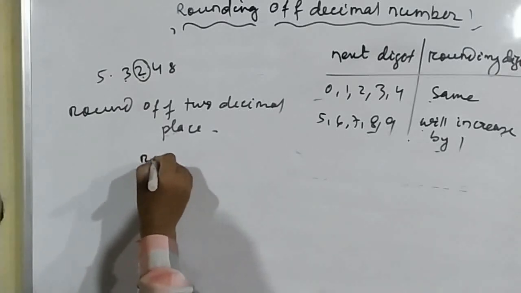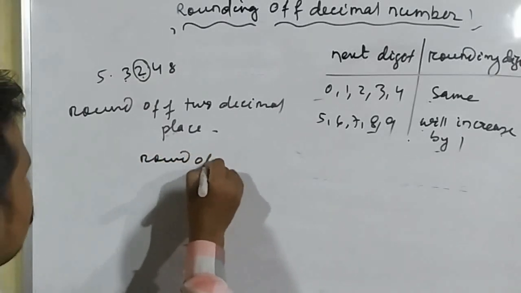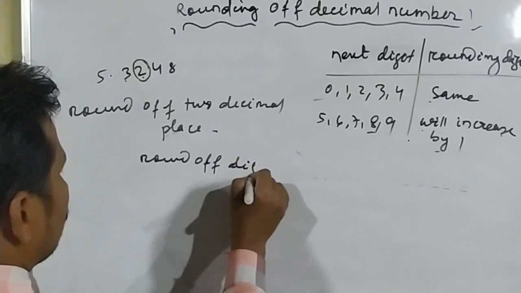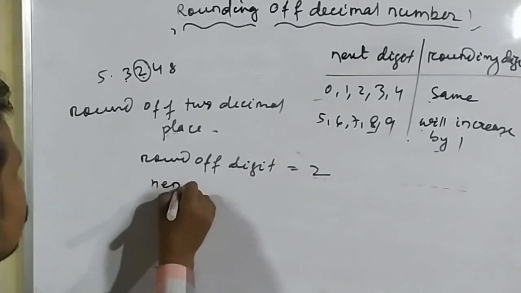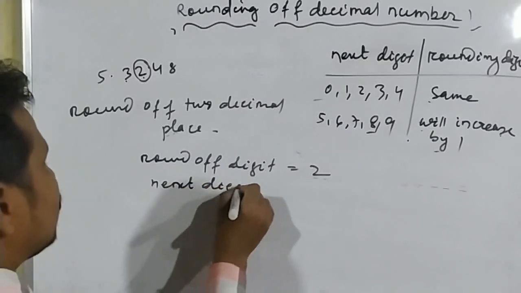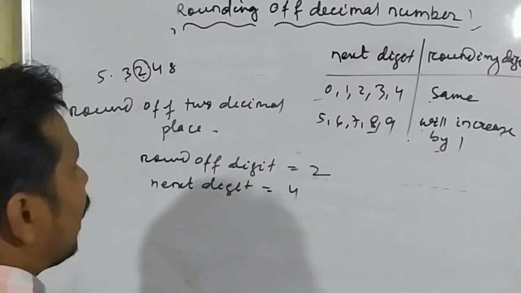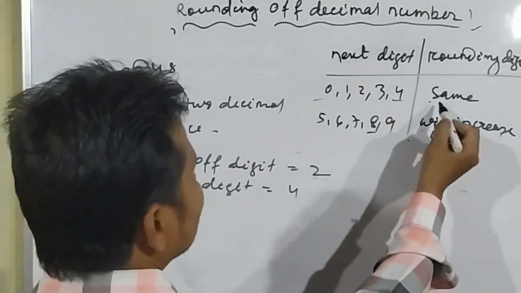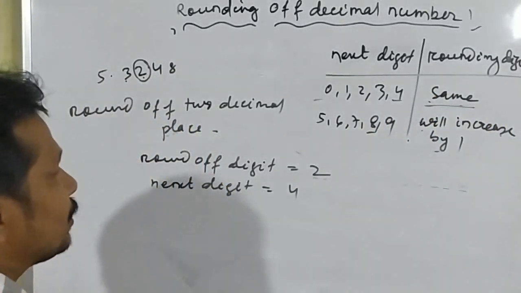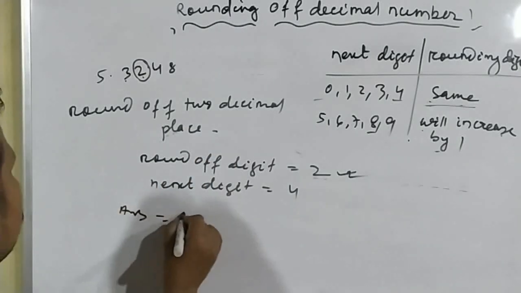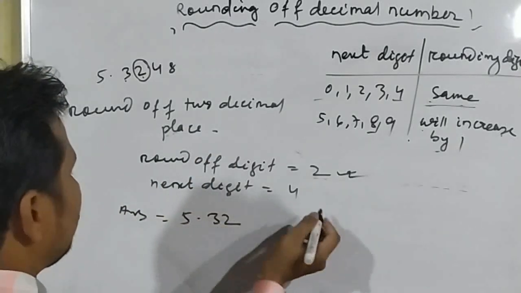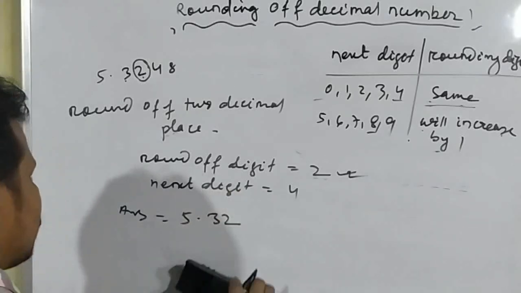So the rounding digit is 2 and the next digit is 4. If the next digit is 4, then the rounding digit will be the same. So the answer is 5.32. The rest we do not have to write.